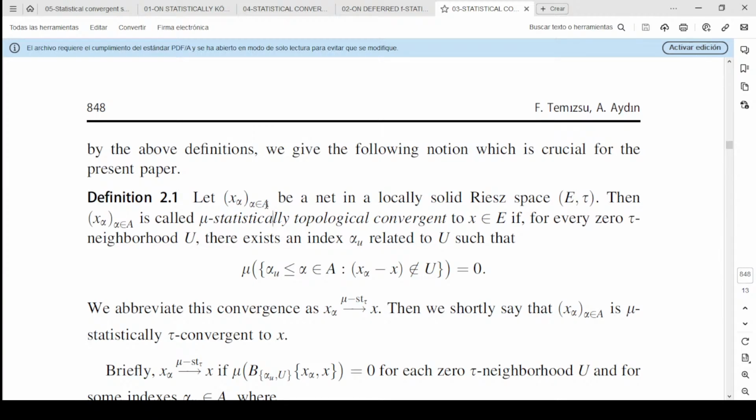So let x alpha be a net in a locally solid Riesz space. Then this net is called mu statistically topological convergent to x in E if for every zero tau neighborhood U there exists an index alpha U in A such that the measure of this set equals 0.